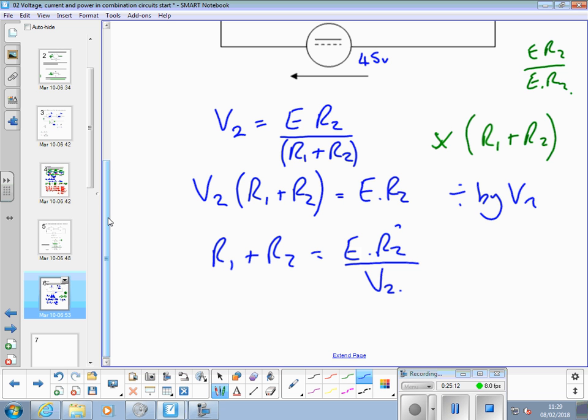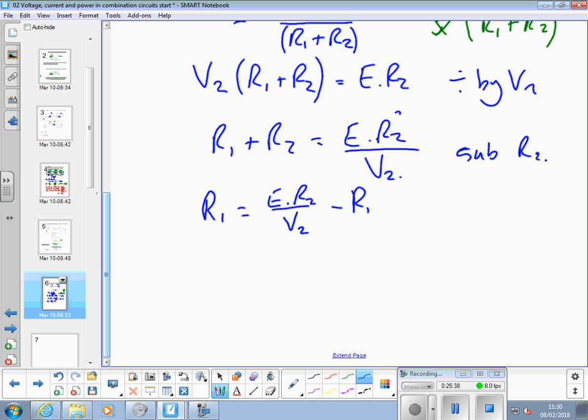Now subtract R2. So R1 equals E R2 over V2 minus R2.